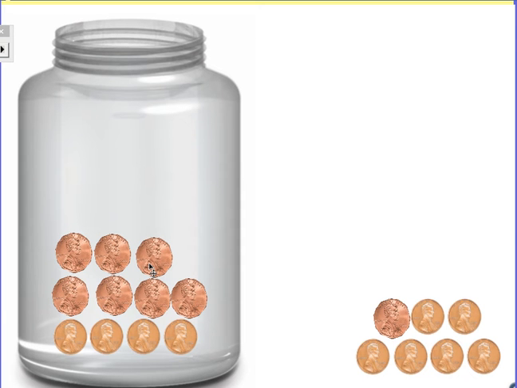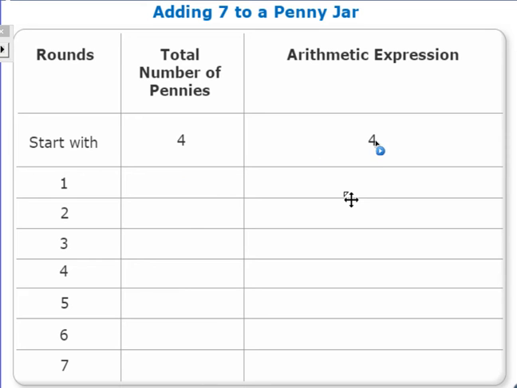And I hope when you were predicting, you predicted 7 plus 4 is 11. So I know I have 11 now that I added them. My arithmetic expression is I did start with 4, I added 7, and I came up with 11. That was for round 1.